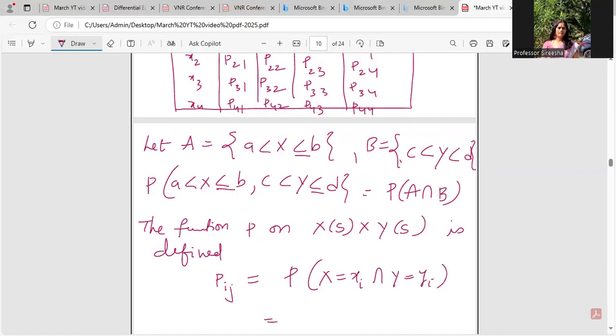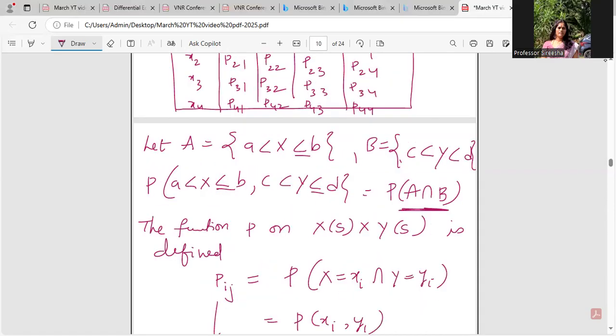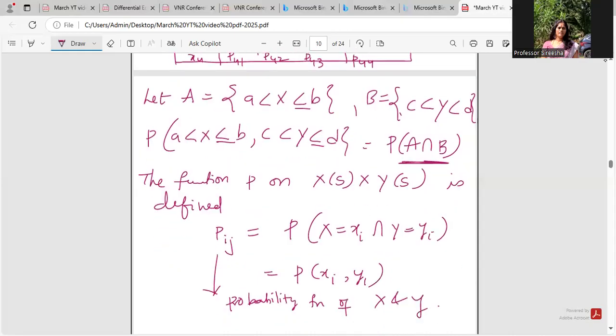This also can be written as P of Xi comma Yj. This is how it is defined. Pij would be called the probability function of X and Y. And the things that we have represented in this table, P12, P13, all of this, have originated from this formula.